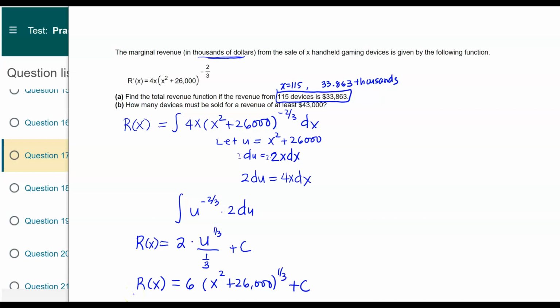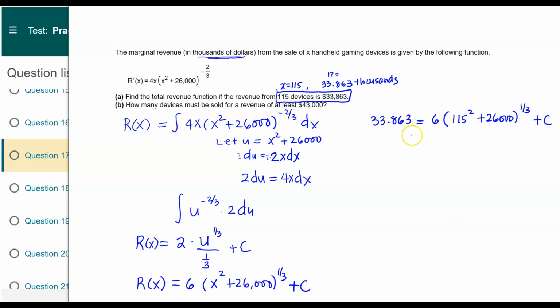So now that would be your R. From the equation here, you're going to plug in this value for your R. So you will have 33.863 is equal to 6 times, and then for your x, it will be 115, 115 squared plus 26,000 raised to 1/3 plus c.